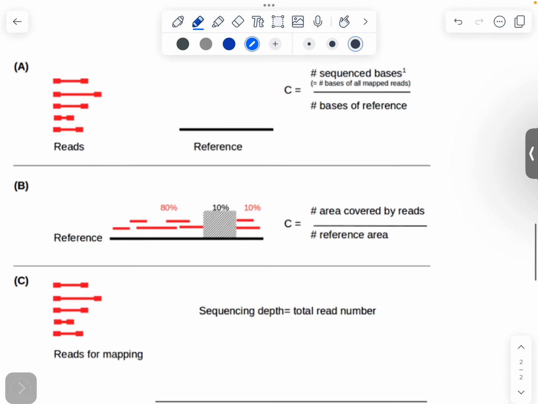So coverage is this one, and the next one is depth. Once we know the coverage, you could look into these reads. All these reads are not of similar length. When you map these reads against the genome, suppose you start from the 5 prime end.